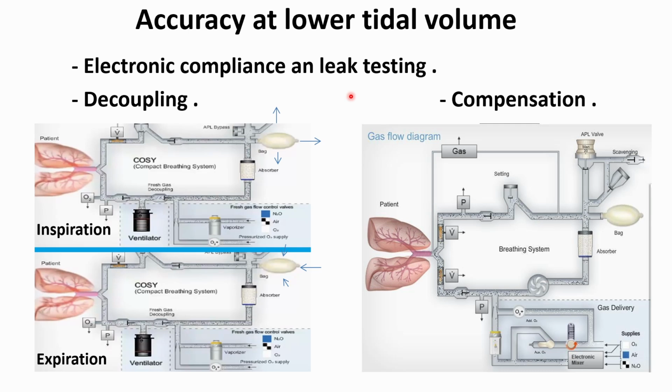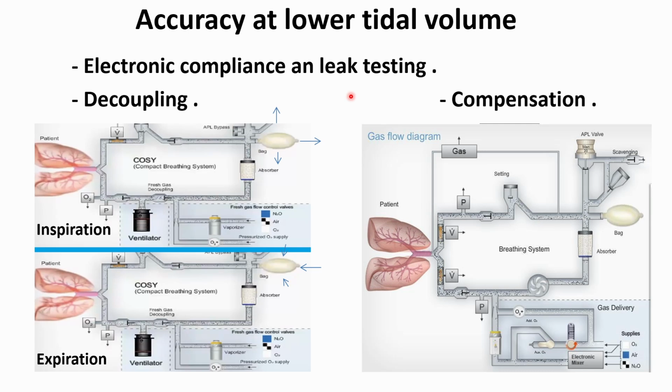And with these devices, sometimes when you are trying to anesthetize a patient with a specific tidal volume, for example 500 milliliters, and you have a high fresh gas flow of around 10 liters, the bag will go to more than 500, for example 800 or 900. This is because the old module used in these devices cannot allow gas to come out of the circle easily.